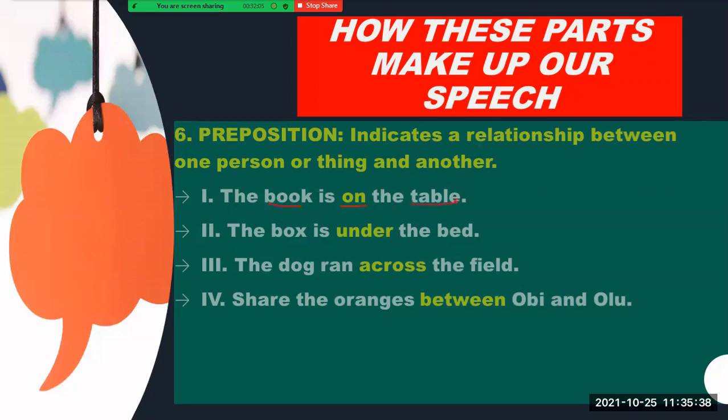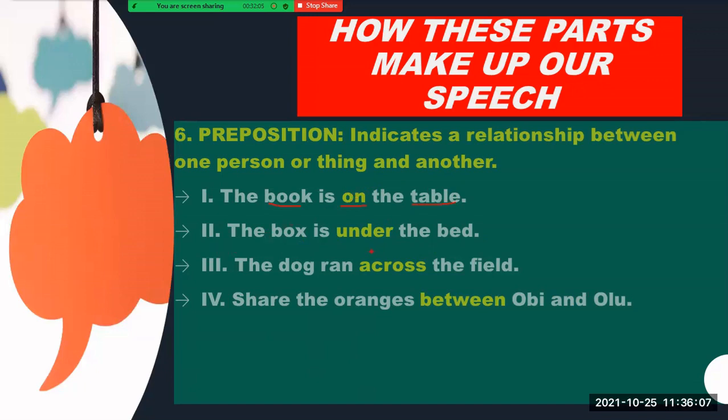We have two things, the book and the table. The relationship that exists between them is that the book is on the table. If you look at the table, you will find the book on top of the table. This relationship is indicated by a preposition.